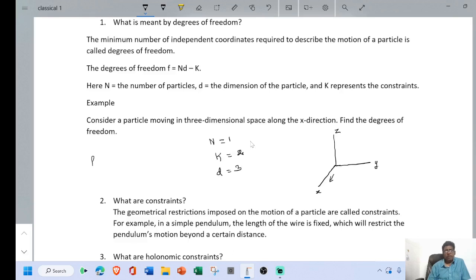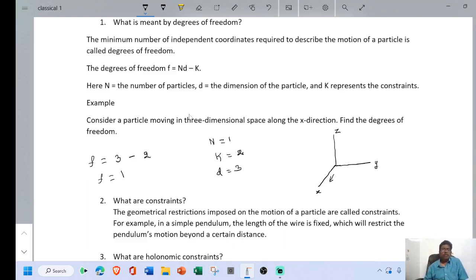Therefore, the degrees of freedom F is equal to n. Only one particle is present, so n equal to 1. Then the value of d, dimension, is 3 minus k value, constraint value, is 2. Therefore, the degrees of freedom is 1.